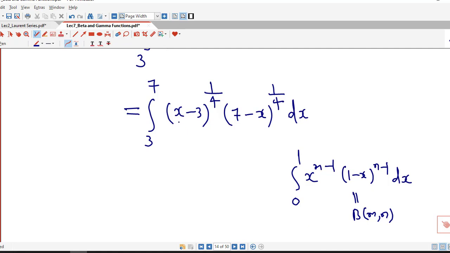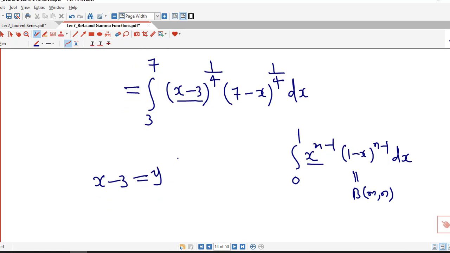So instead of x we have x − 3, instead of 1 − x we have 7 − x. Suppose we replace x − 3 by another variable, say y. Then we check whether we are obtaining limits as 0 to 1 or not.